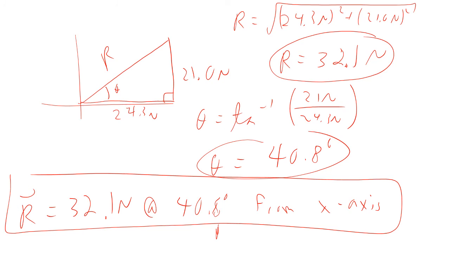Now, one way is using the triangle relations. The other way is using components. Now, with the triangle relations, you can only add two vectors. So you can add a vector, you can add another vector, and you make a triangle with the result. So only two vectors can be added with a triangle.